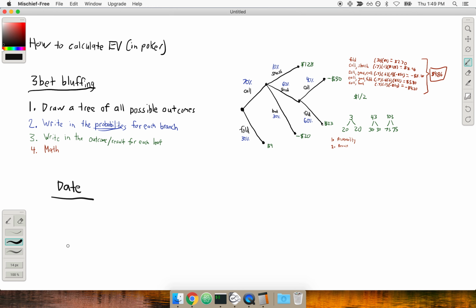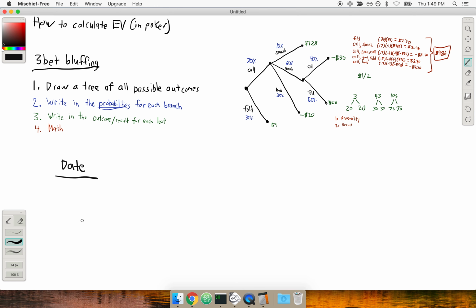My reason for doing this isn't to convince anyone to go on a date. I have a girlfriend, but I want to show you that the way to calculate expected value is the same for any context. It's not specific to poker. In the same sense that probability is a math thing, it's not a poker thing, expected value is also a math thing. It's not a poker thing.